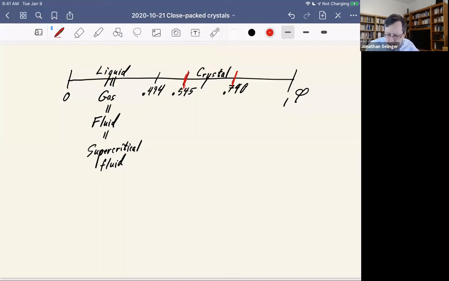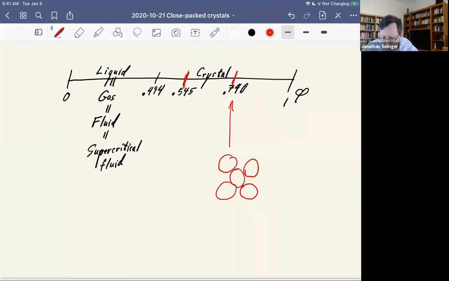At the highest point, at 0.740, they form an absolutely close packed crystal where they are crammed in as densely as they can possibly be, touching against each other, pushing against each other.